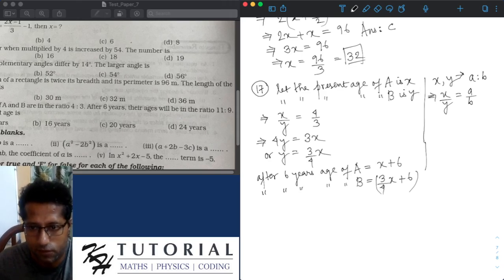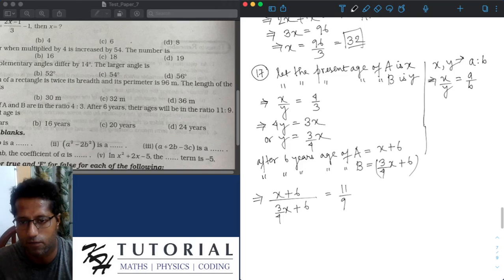It is saying after 6 years their ages will be in the ratio 11:9. So using this fact, x plus 6 divided by 3/4 x plus 6 equals 11/9.